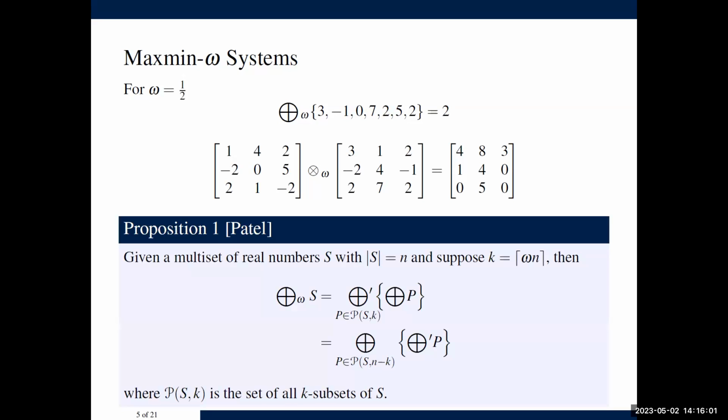So we take the maximum, for each P, where capital P is the set of all K-subsets of S. So we take the maximum first, and then the minimum, and then the other way around. We have P, but P here is a subset of S with n minus K elements, and then we take the maximum.